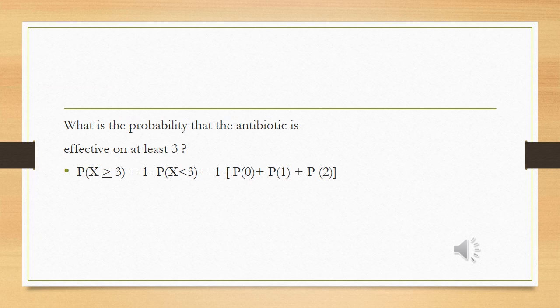So you could also do it this way: 1 minus the sum of the probabilities of 0 plus 1 plus 2. Sometimes, depending on the values you were given, you may have to revert to this method.